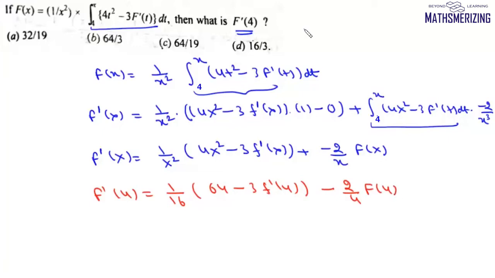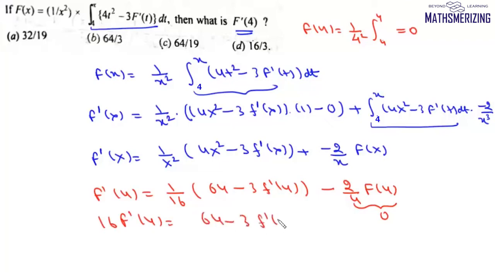Now what is f(4)? f(4) will be 1 upon 4 square and then this integral from 4 to 4. So when we have the same limits, the value of the integral is 0. So that means this is 0. Now we can write this as 16 f dash 4 equals 64 minus 3 f dash 4.